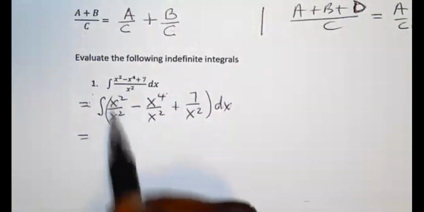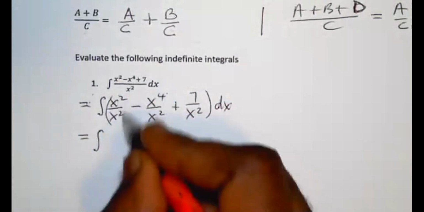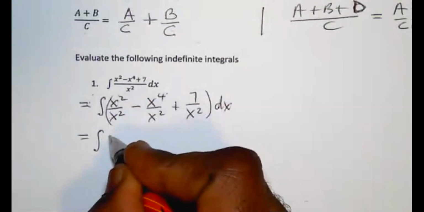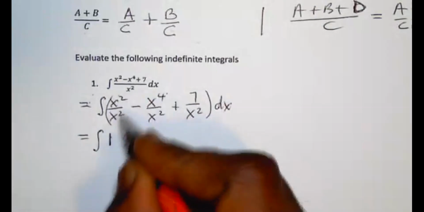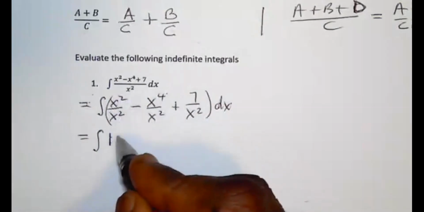Then I can simplify using the quotient rule. This will be just 1, because x squared divided by x squared is 1, so 2 minus 2 is 0.